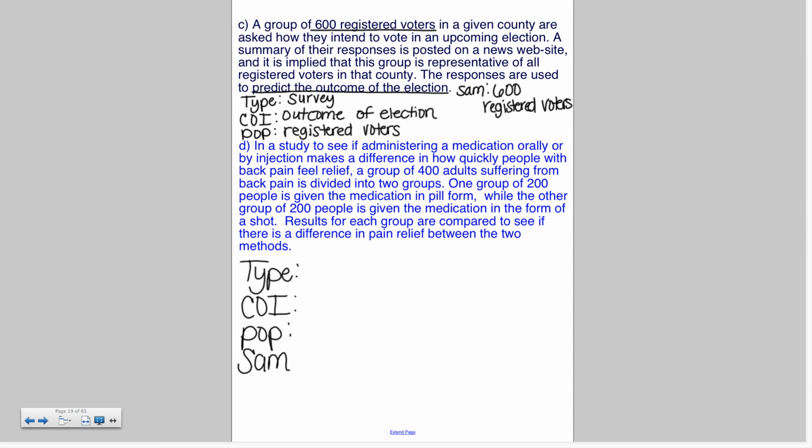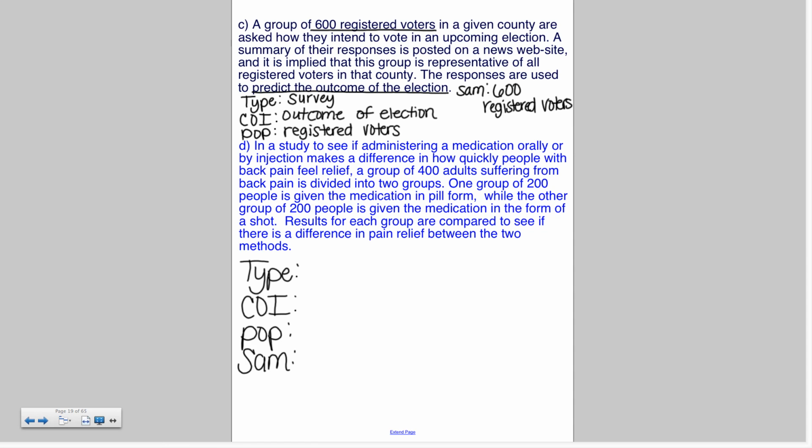All right, so we have our last one. It says in a study to see if administering a medication orally or by injection makes a difference in how quickly people with back pain feel relief. That's what I'm interested in.